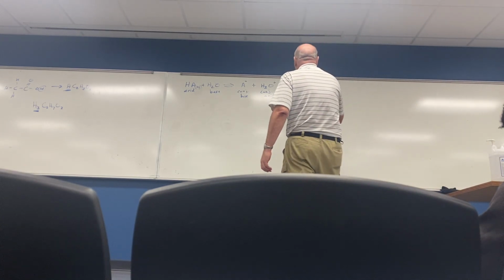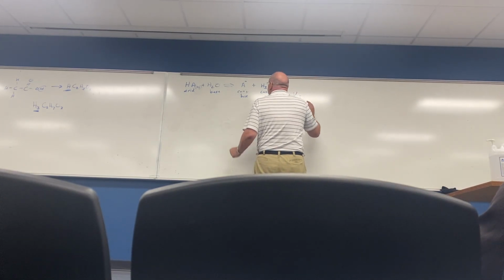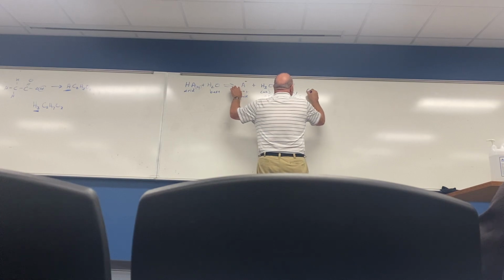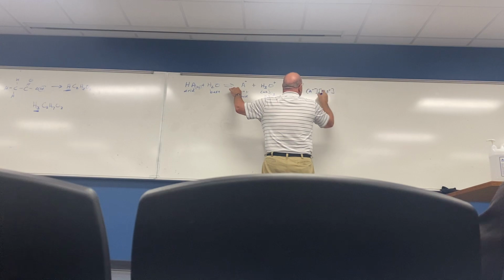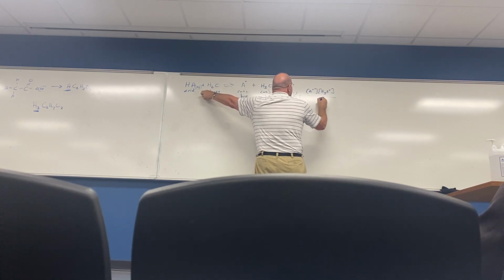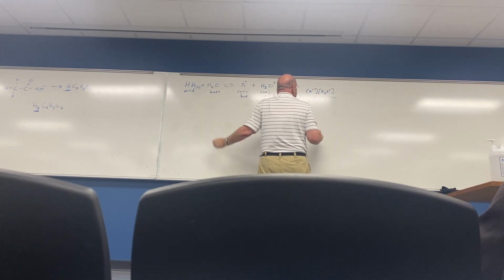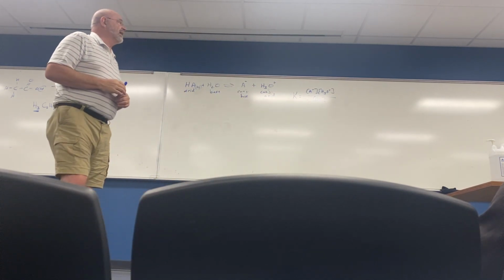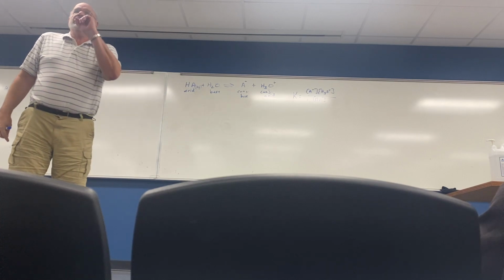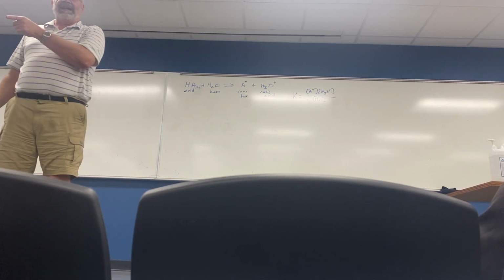So that means my K is A- times H3O+ over HA, and we ignore the water, right? Now, this is the equilibrium constant for an acid.